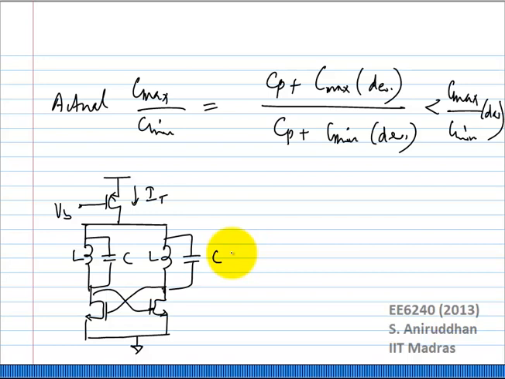Why? PMOS parasitics will also come into account. So he says that the PMOS parasitics will affect it. So maybe I'll just draw it as a separate cap here, Cp of the current source. Okay, what do you guys think?